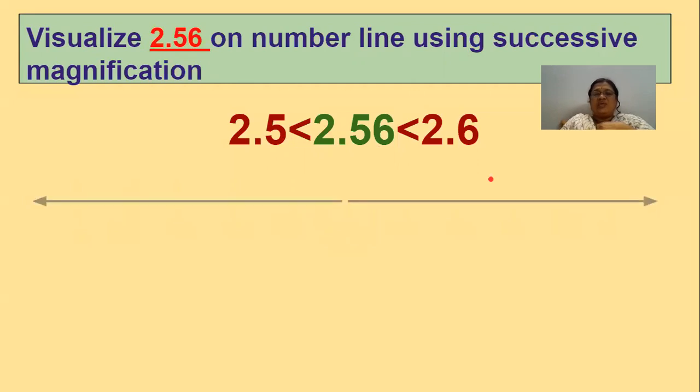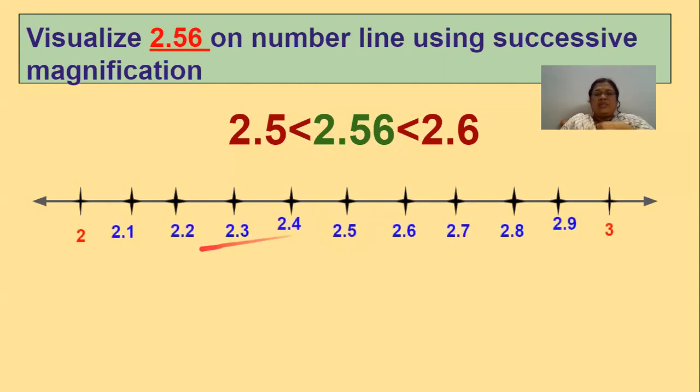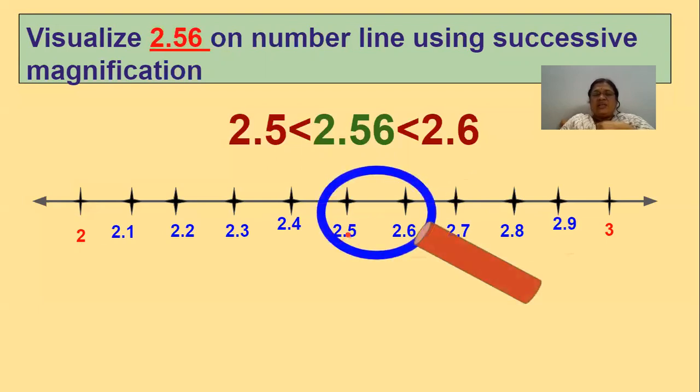See how it lies. See here, again we'll take a line and we'll mark 10 points on the line which are at equal distance from each other like this. And see here, we all know this is 2 and this is 3. We all know where this 2.5 lies. Let us see.